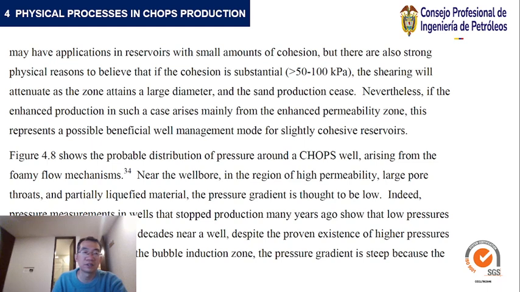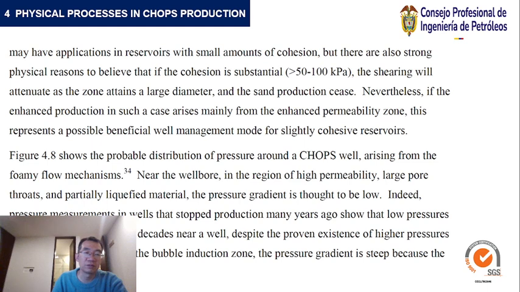Nevertheless, if the enhanced production in such a case arises mainly from the enhanced permeability zone, this response is a possible beneficial sand management model for slightly cohesive reservoirs.